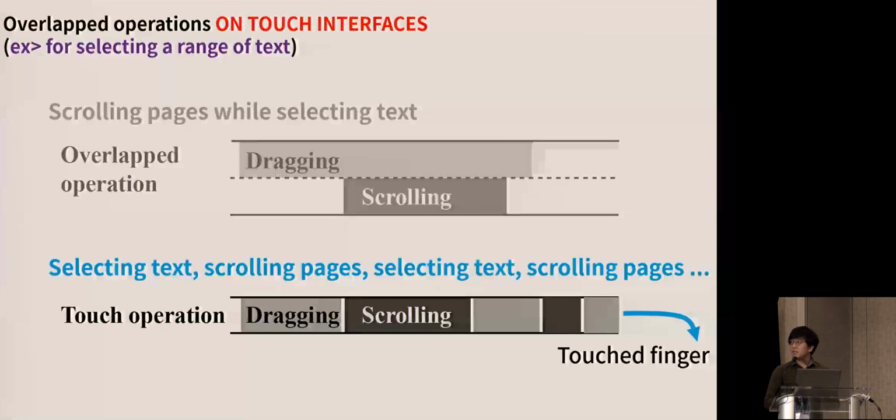But on the other hand, operations on touch interfaces cannot be carried out while conducting other operations since they have limited input modalities. Conventional touch interfaces usually use the state of the touched finger, so users have to repeat these two operations.